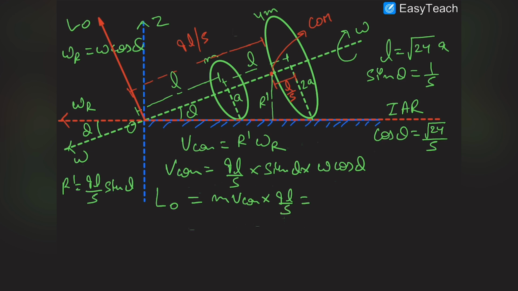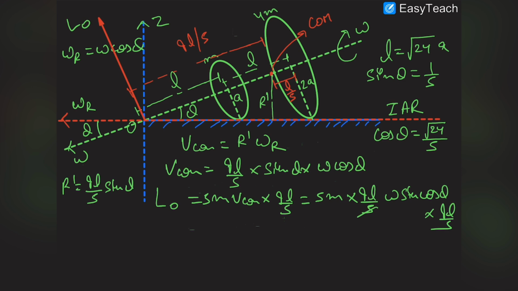Okay, so m is the total mass of the system, which is 5m. So this is 5m into vcom. Vcom is 9L by 5 omega sine theta cos theta, and this is also 9L by 5.